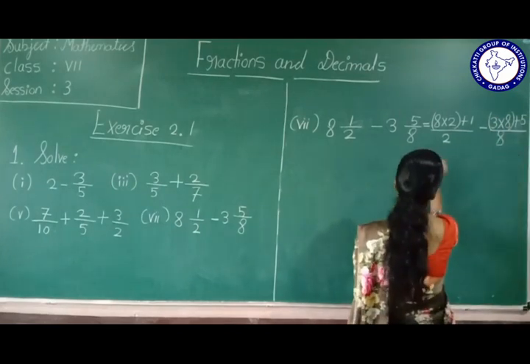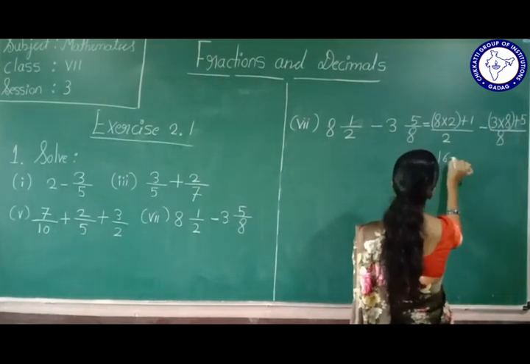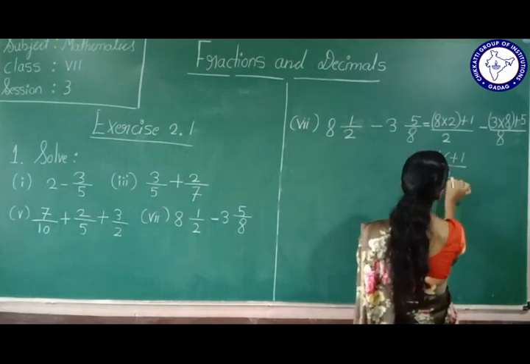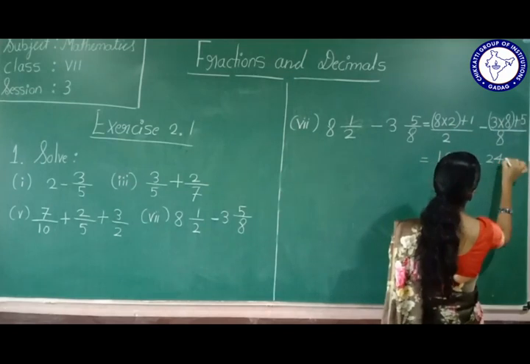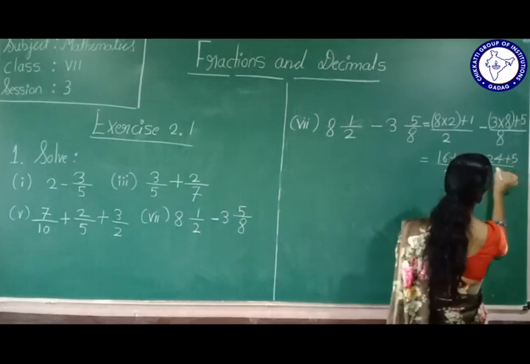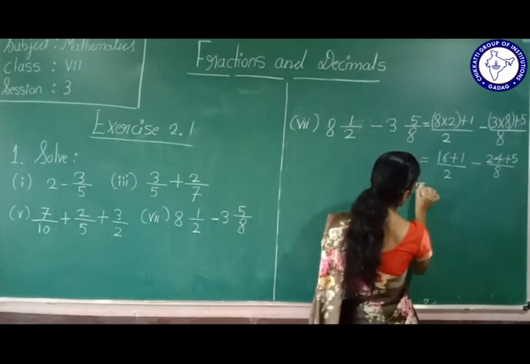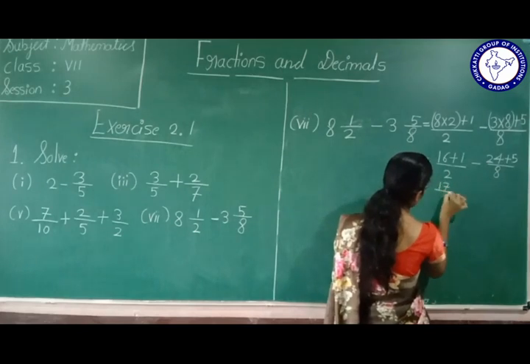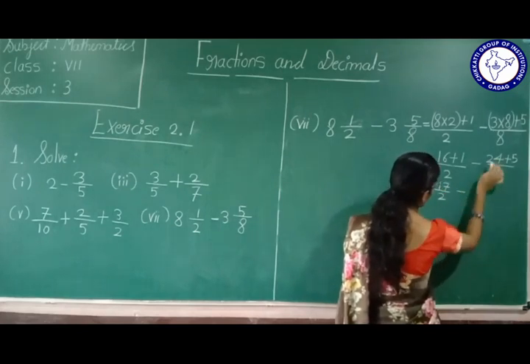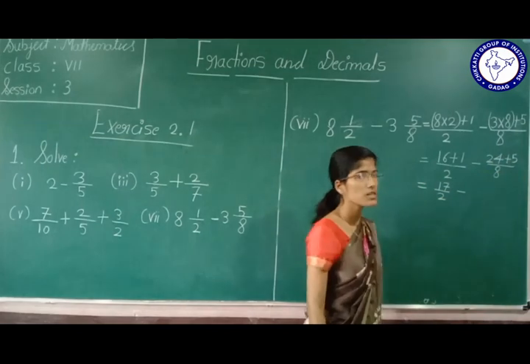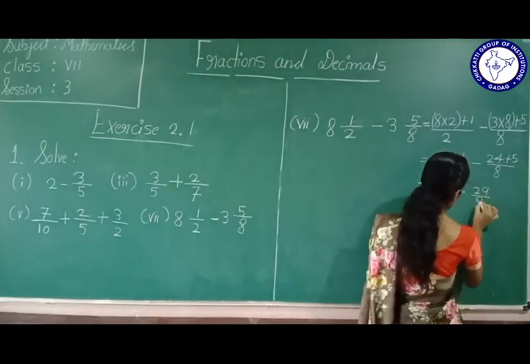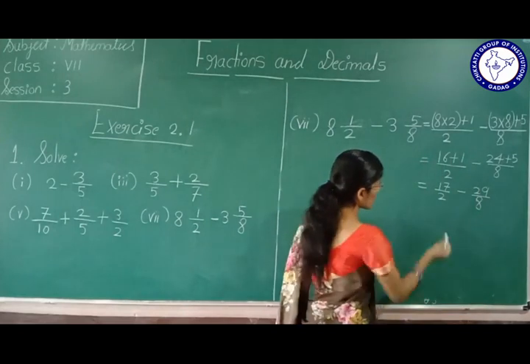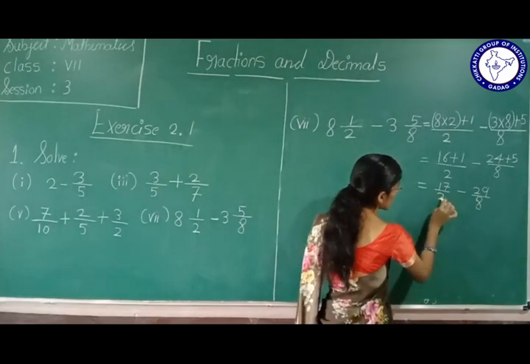So what will it become? 8 2s are 16 plus 1 by 2 minus 8 3s are 24 plus 5 by 8. 16 plus 1 is 17 by 2 minus 24 plus 5 is 29 by 8.